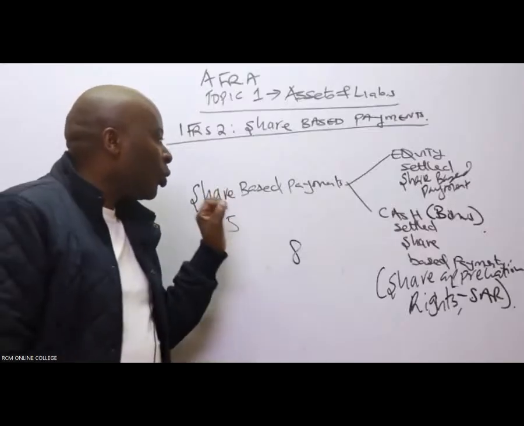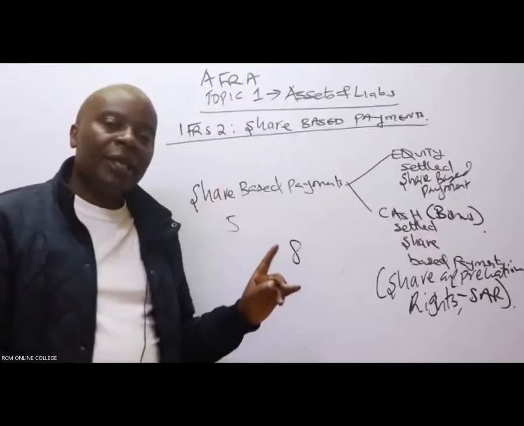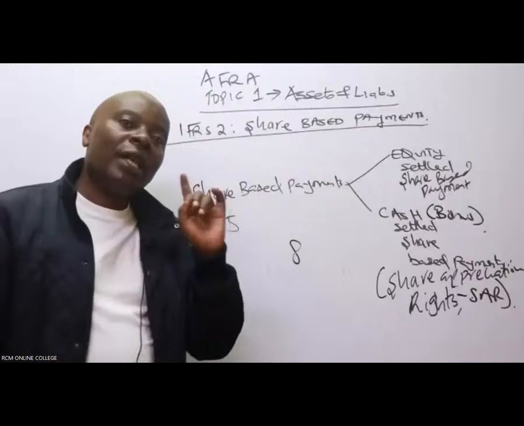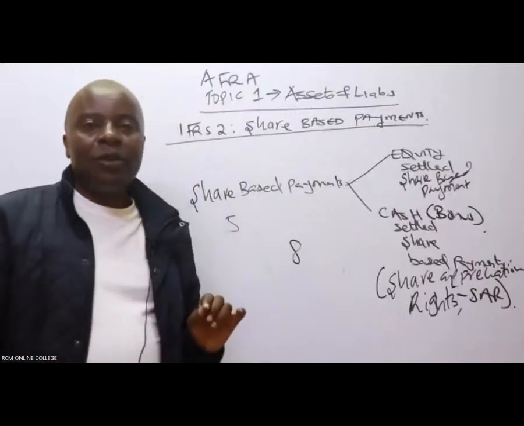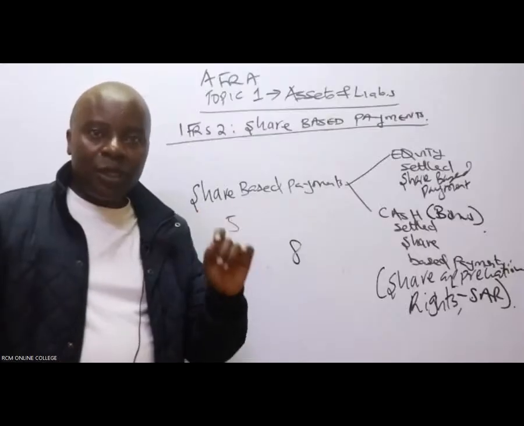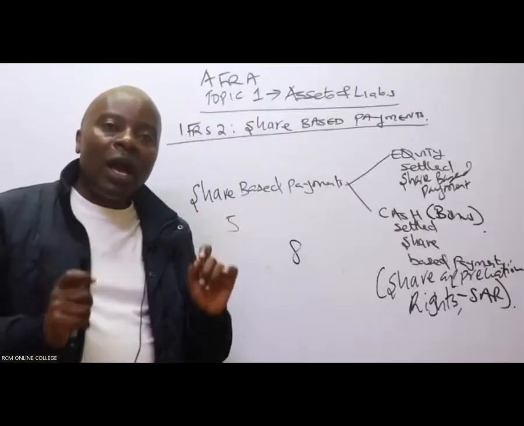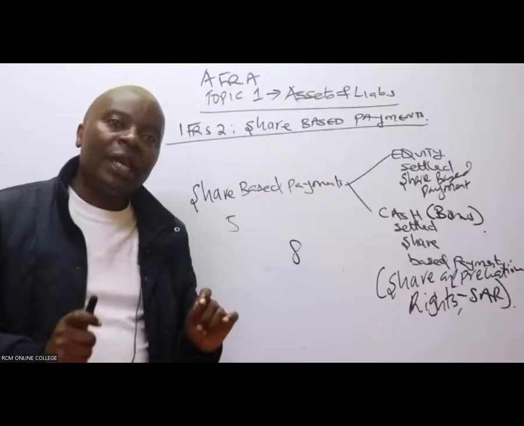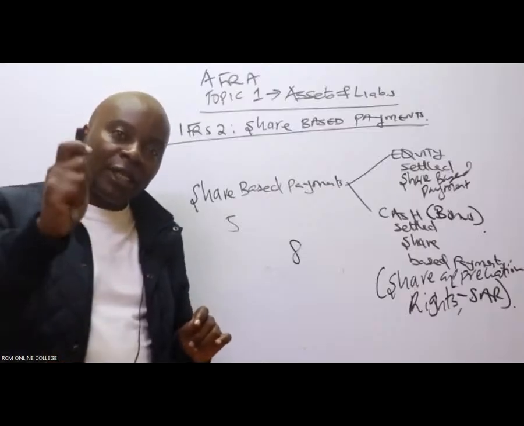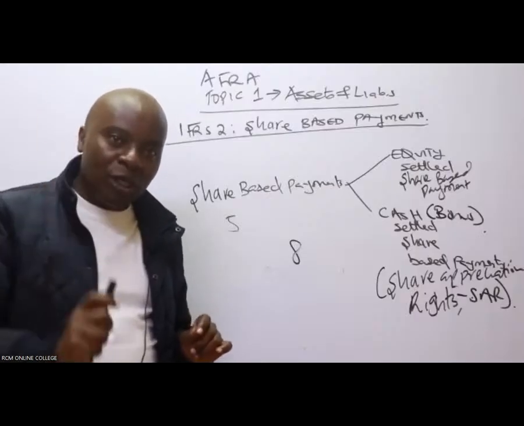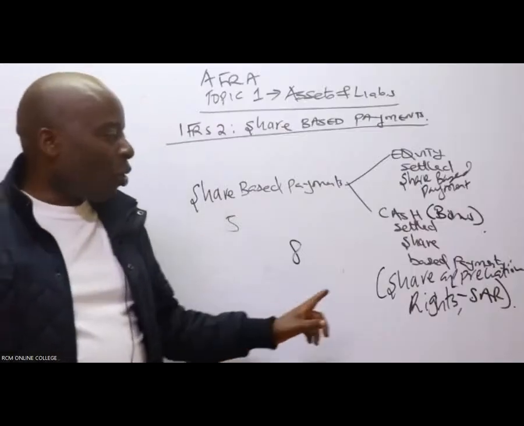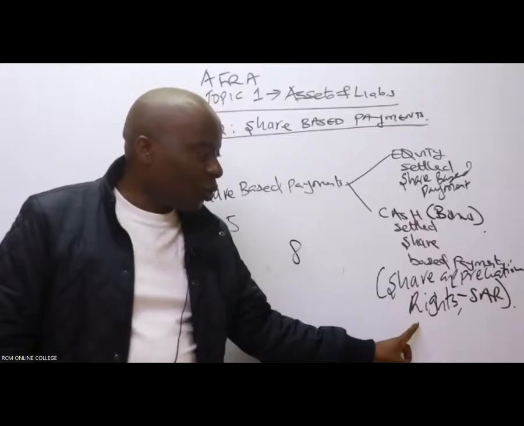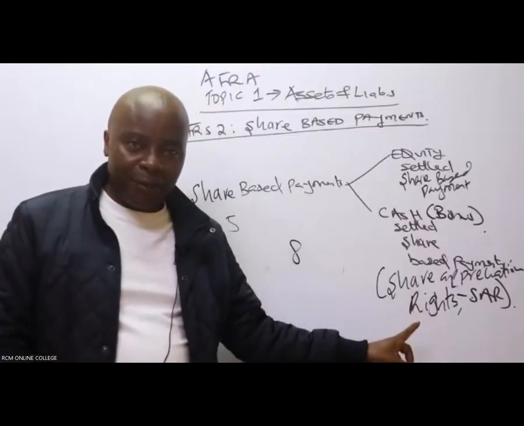Or we have those types of share-based payments where we shall end up giving what we call bonuses or cash. Cash, which is pegged on how aggressive the management is in terms of driving the share price. If the share price goes up, then automatically we shall be able to give you some bonus there. What we are calling the share appreciation rights, SAR.